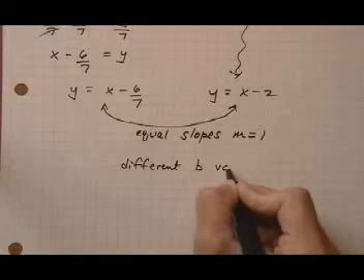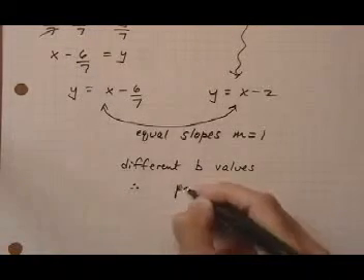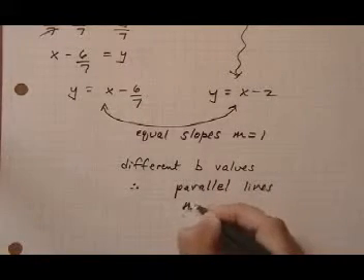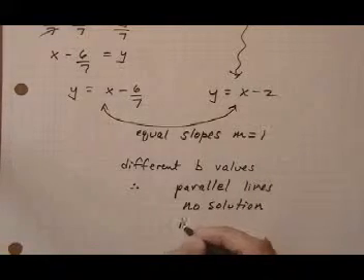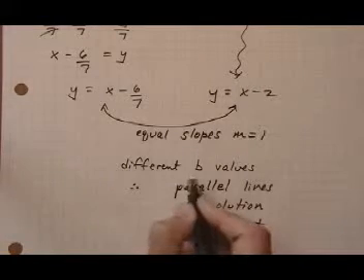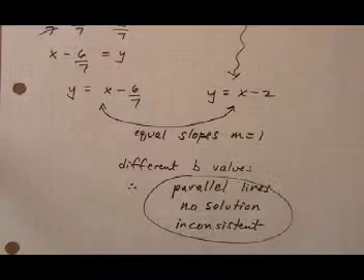They're different b values. Therefore, we have parallel lines, which means we have no solution. And we have an inconsistent system. So that would be the description of our system.